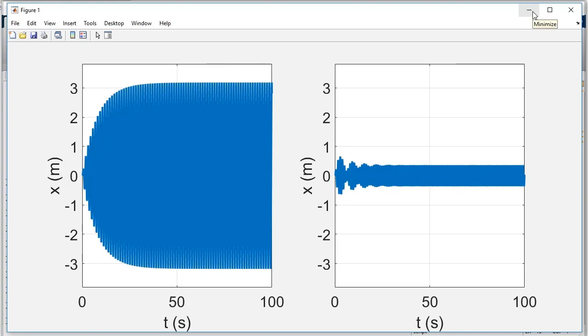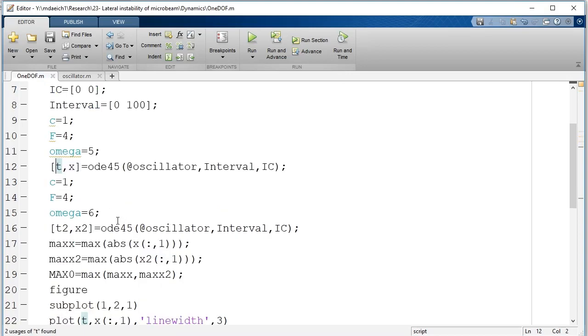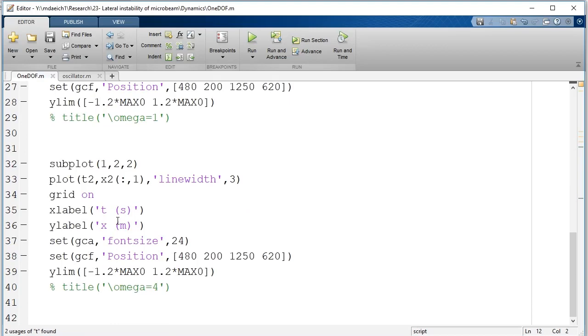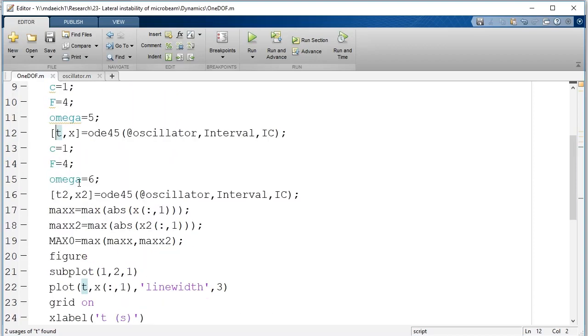The other thing that we can do here, for example, is let's get an important curve for this system, which is called the frequency response curve. We saw that as we were changing the frequency omega, the amplitude was changing.